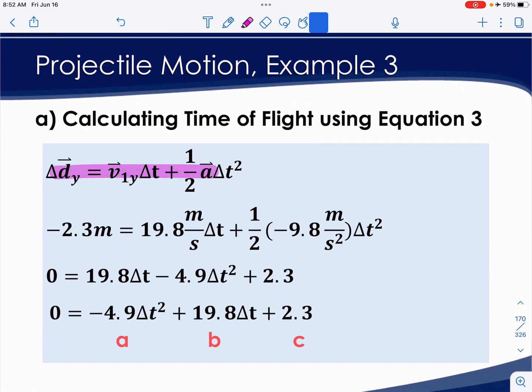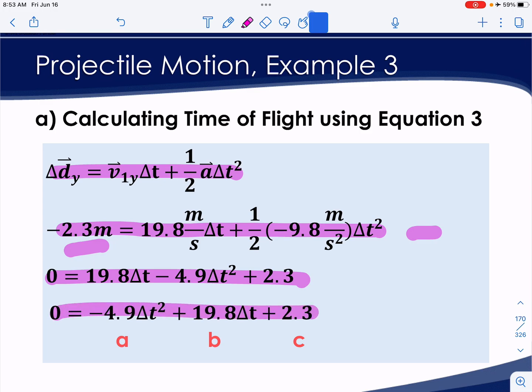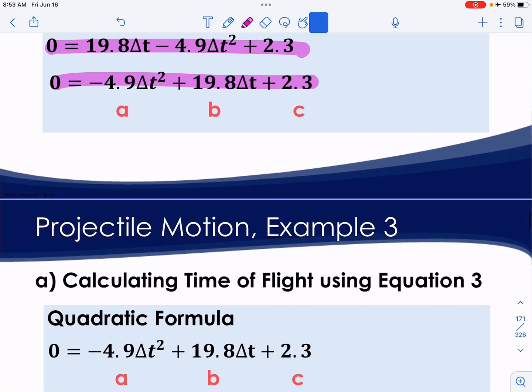Sure enough, this equation. So we plug our values into that. If you can, pause and try to solve. You add 2.3 to both sides, and you end up with this. Now we have to solve using the quadratic formula with our coefficients A, B, and C here.